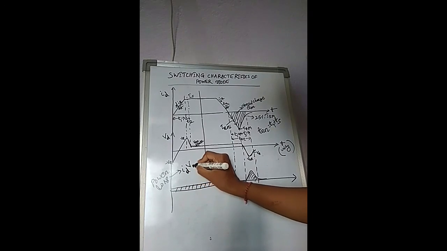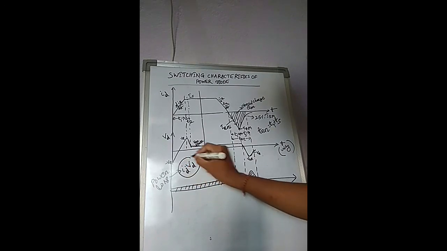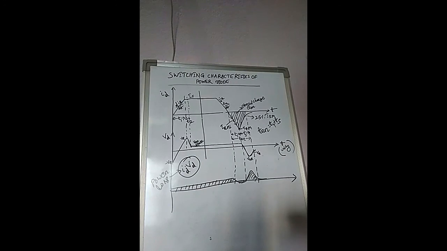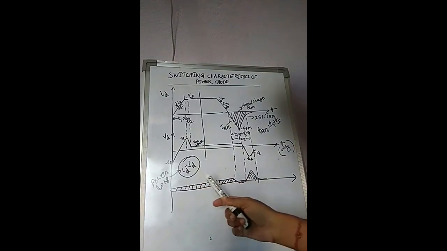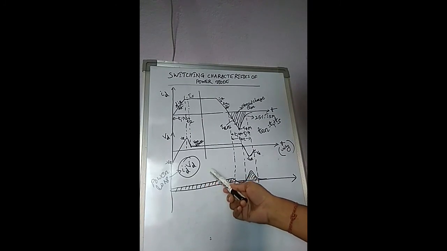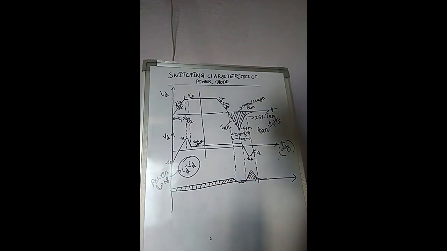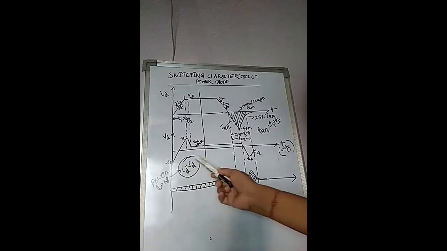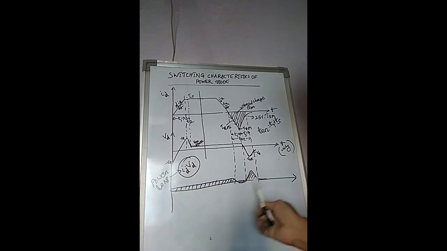The average value of VD times ID gives the total power loss in a power diode.